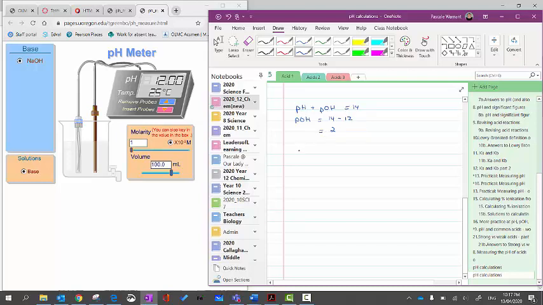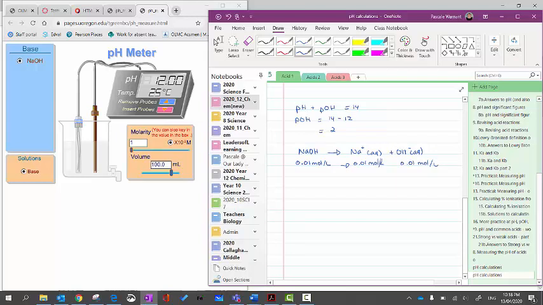Okay. Now, sodium hydroxide, when that dissolves in water, is going to produce sodium ions and hydroxide ions. So it's a strong base, so it fully dissociates. So if I've got a 0.01 mole per litre solution of sodium hydroxide, it's going to produce a 0.01 moles per litre solution of sodium ions, and also 0.01 moles per litre of hydroxide ions.